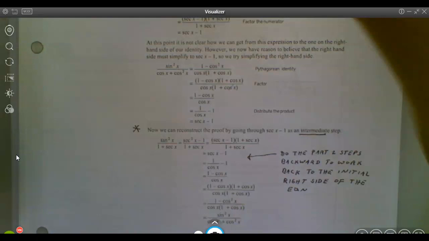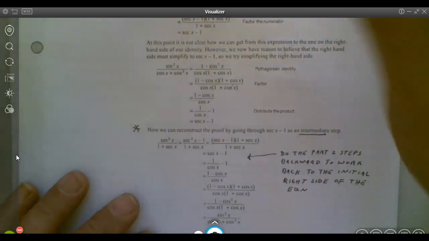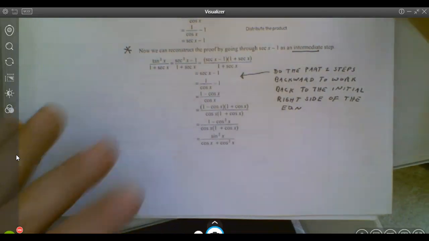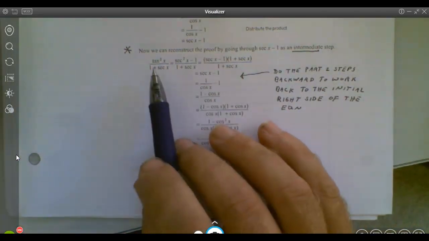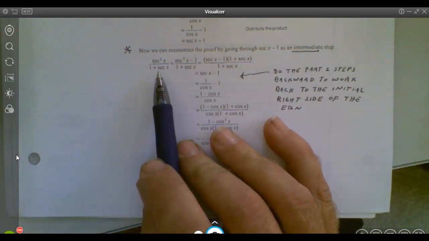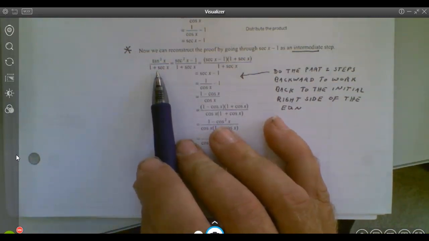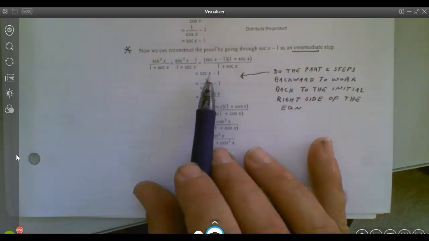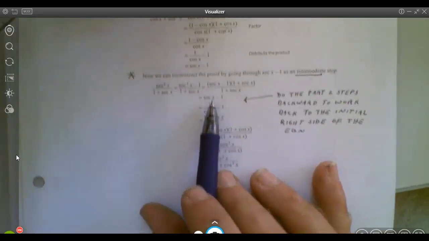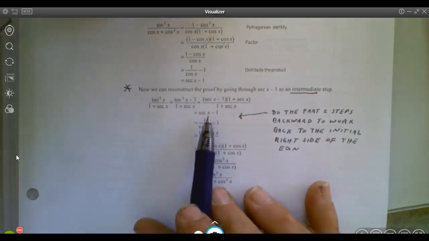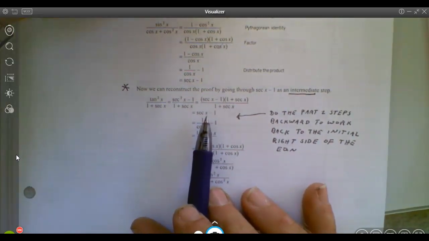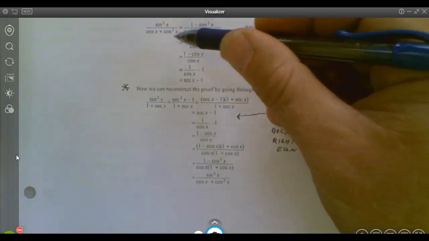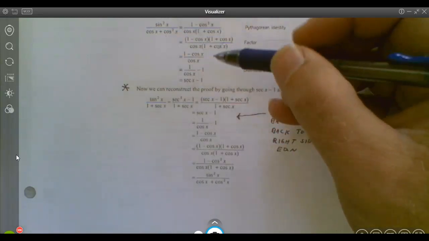So now if we can put it all together, they're saying, here's your answer. Here's what it would look like. I'm still only simplifying the left side. But as I simplify the left side, I get to this point where I'm at the secant of x minus 1. In order to make this left side look like the right side, I can now trace back through these steps in order to get there.